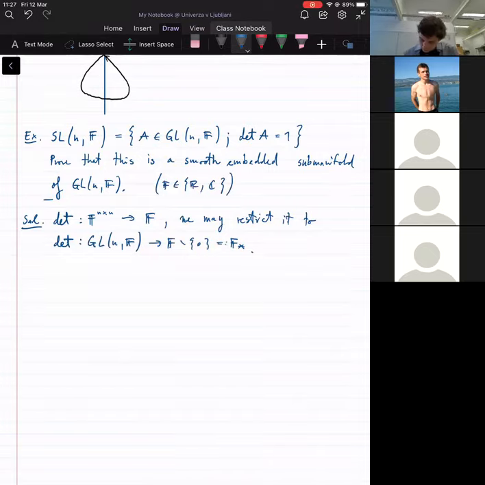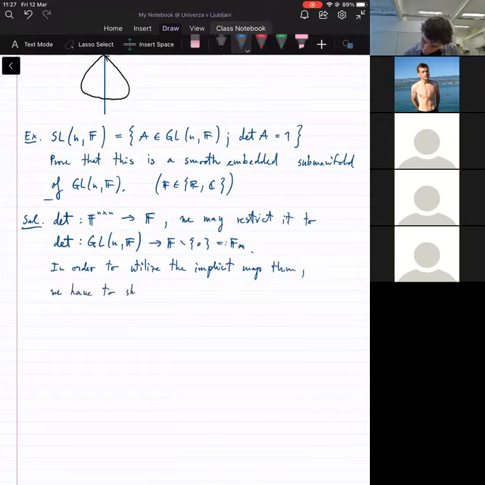In order to utilize the implicit map theorem, we have to show that 1 is a regular value of that.